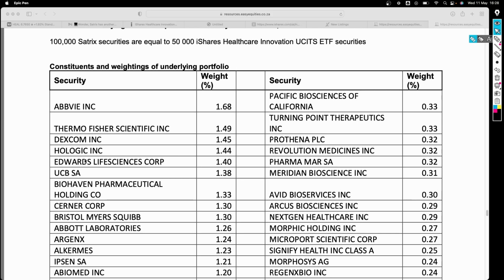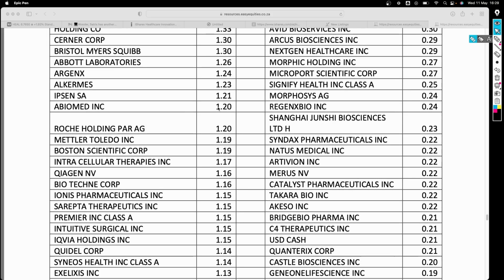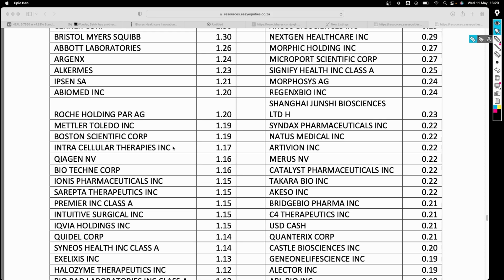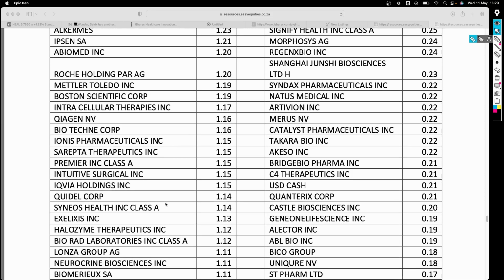Then you can see it's different kinds of holdings there, but the main holding in this case is Pfizer, which is about 1.68%, and then we've got different ones. There is Roche Holding, which is a pharmaceutical company. There is Mettler Toledo, which sells different lab equipment from mass balances to TGAs, which are thermogravimetric analyzers. I don't know all these companies. I know the ones that I'm familiar with. Bio-Rad produces stuff that is used in the laboratory.